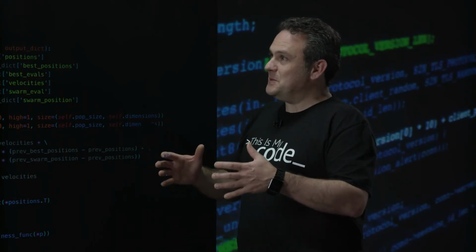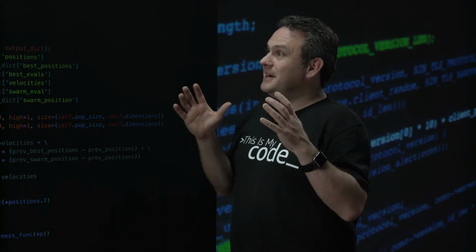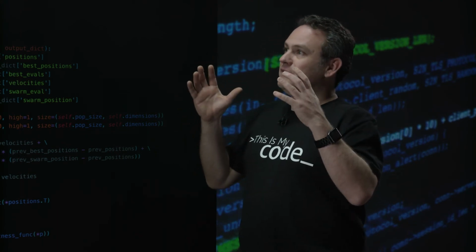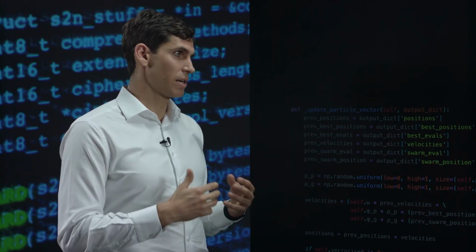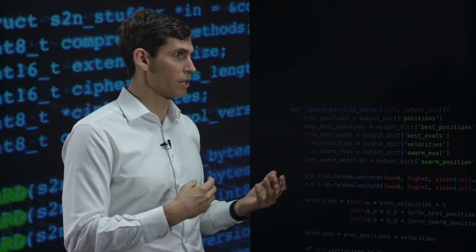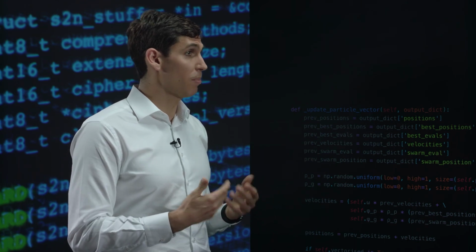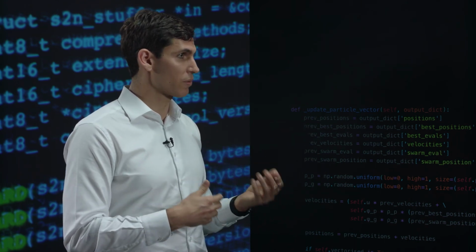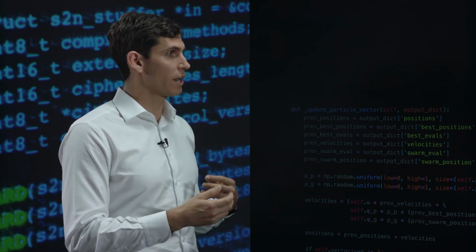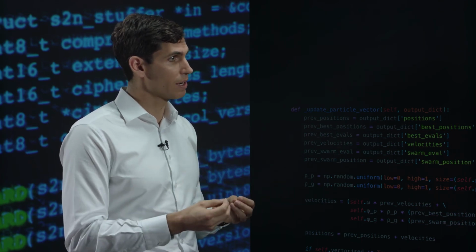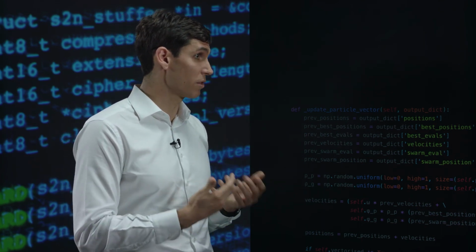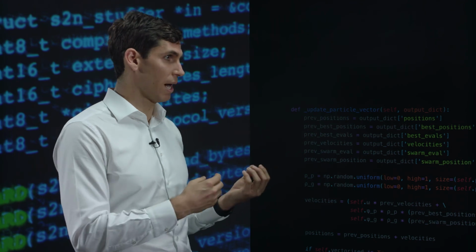So for people like me who are quite graphical, I'd love to know, what would this look like if I was to visualize it? Yeah, so if you think of it in a 3D space, like a normal room, this would be a whole bunch of randomly generated particles, and each of them would be moving around very randomly. Each time a particle moves around, we calculate how good the movement is, and that feeds back to the algorithm.